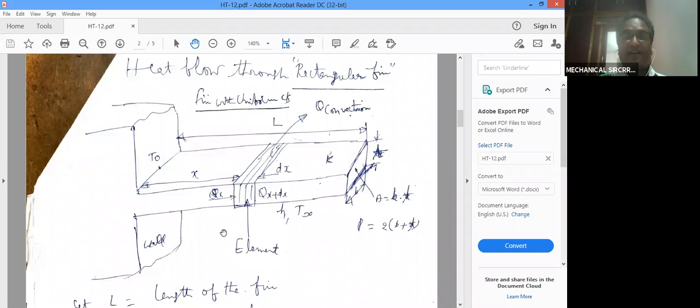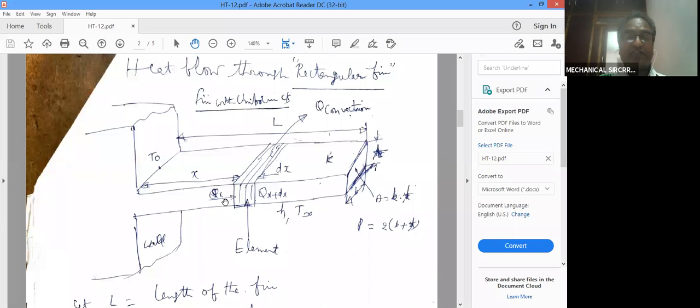Consider a small element in the fin at a distance x from the base, with element thickness dx. What is Qx? The conduction heat entering the element.